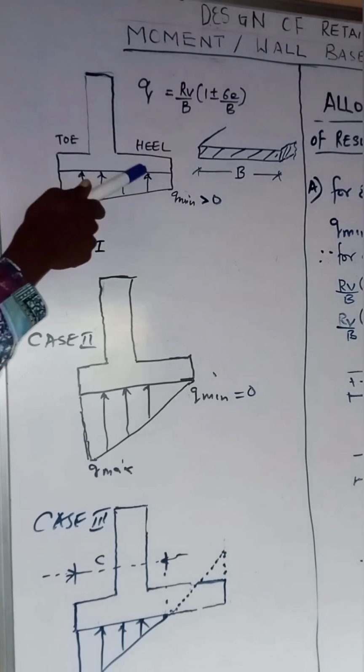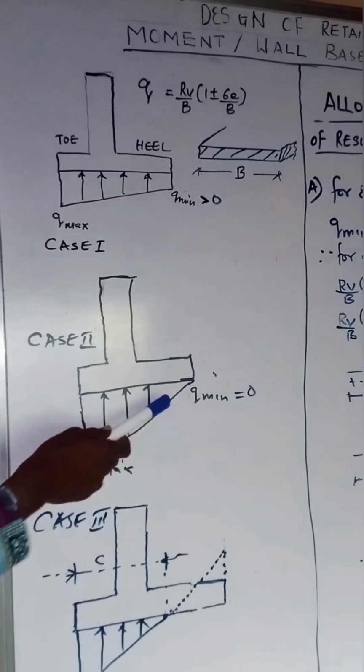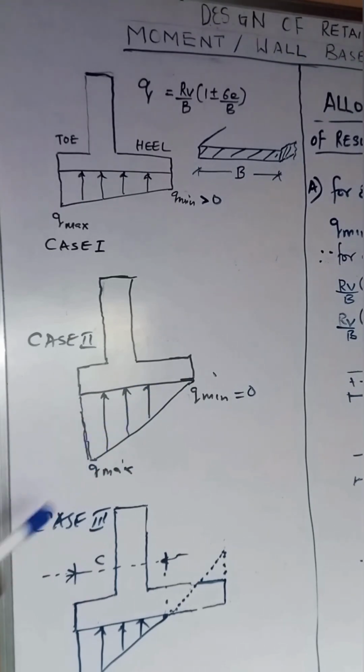The minimum pressure Q is greater than 0 in this case. That is case 1. Alternatively, we can have a case where the minimum pressure Q minimum is equal to 0, like we have in case 2, where the maximum pressure remains the same, but the minimum pressure becomes 0. You can see the distribution of the base reactive pressure under the base of the footing.